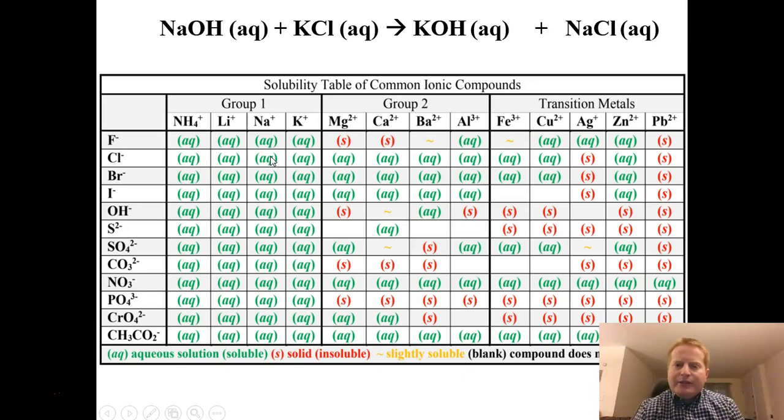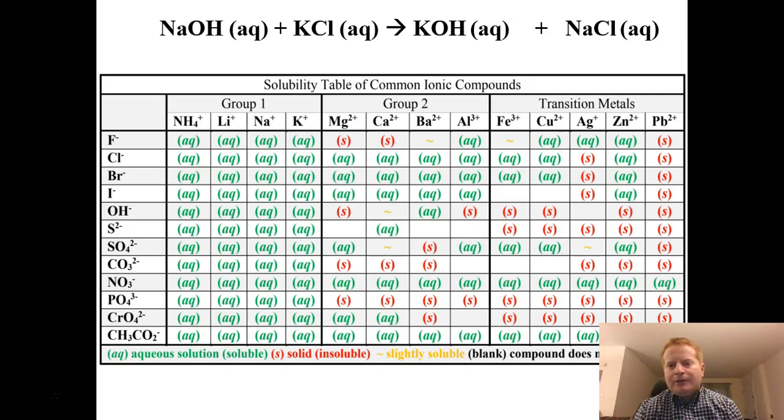If everything is aqueous, that means you didn't form anything new. Remember before we formed a new solid? That's not what happened here. Remember when we looked at that zoomed in portion and the part that was aqueous was still ions, charged particles floating around? That's what's happening here. Imagine on the left side, we have Na plus, OH minus floating around, K plus, Cl minus floating around. Because nothing came together, you still have those same pieces just hanging out.